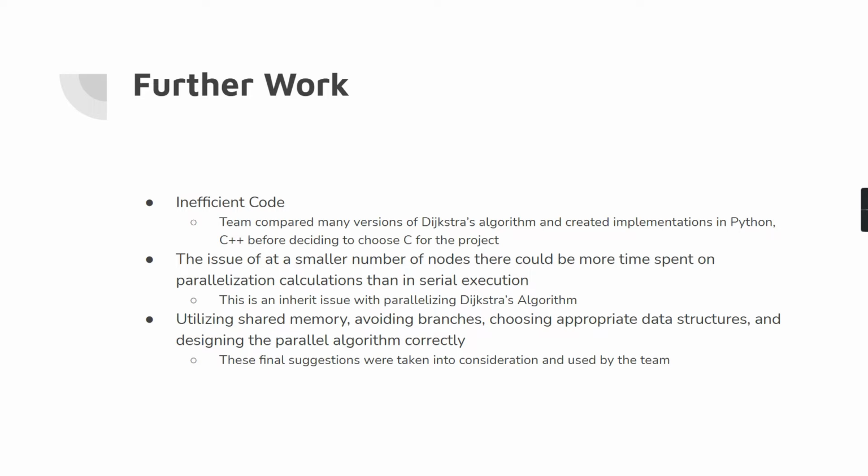This is an inherent issue with parallelizing Dijkstra's algorithm. Their suggestions were utilizing shared memory, avoiding branches, choosing appropriate data structures, and designing the parallel algorithm correctly. These final suggestions were taken into consideration and used by the team.